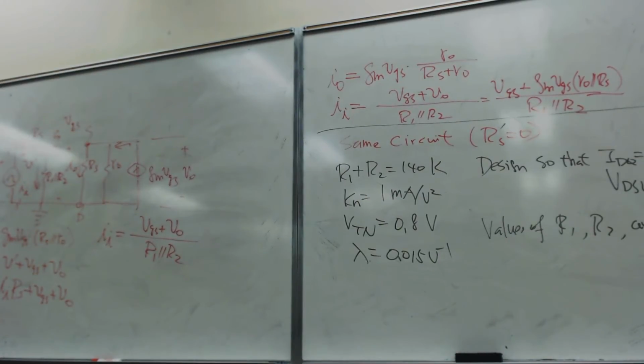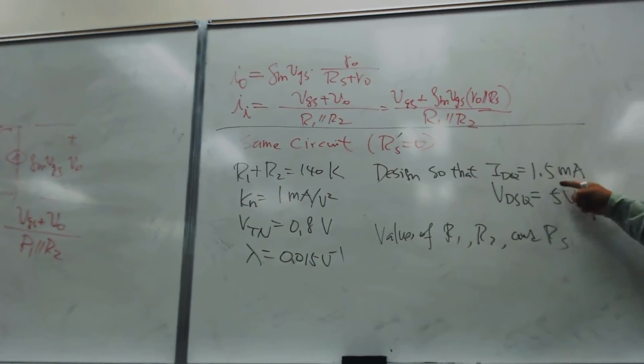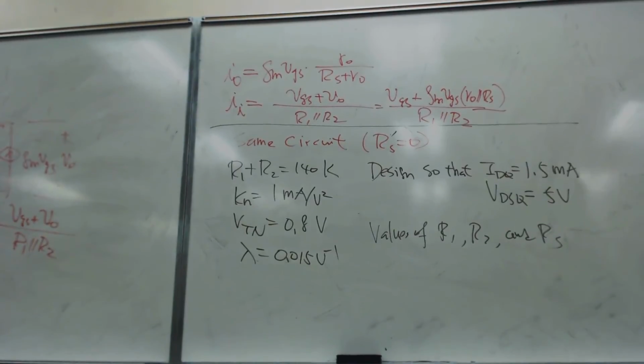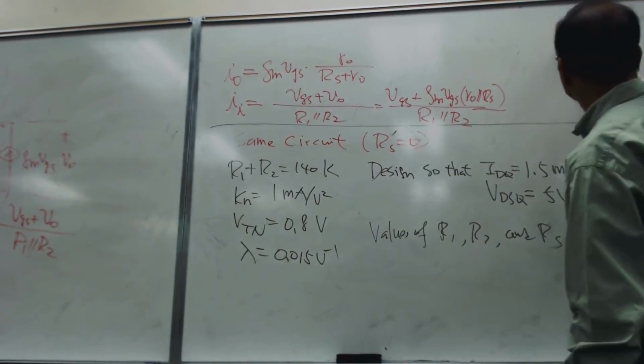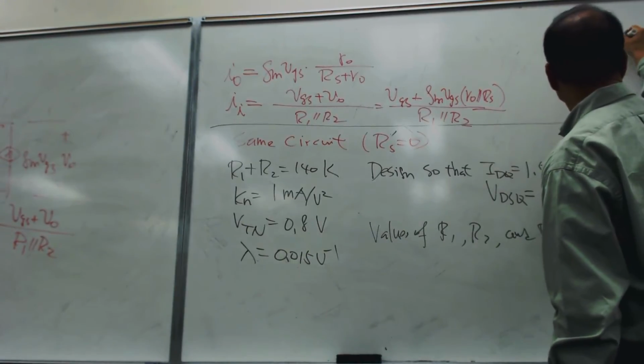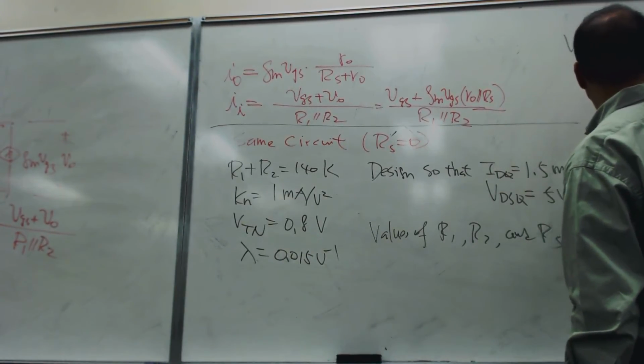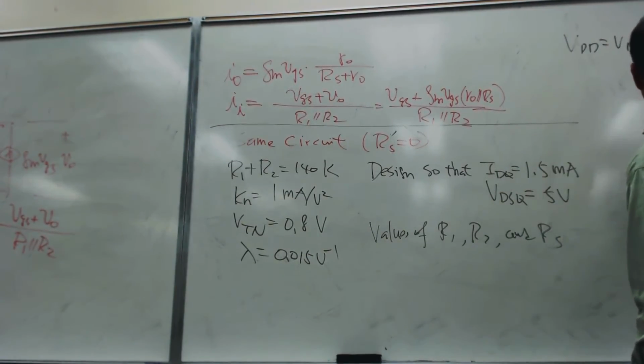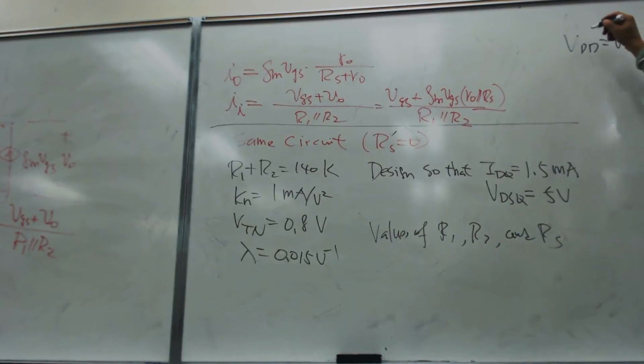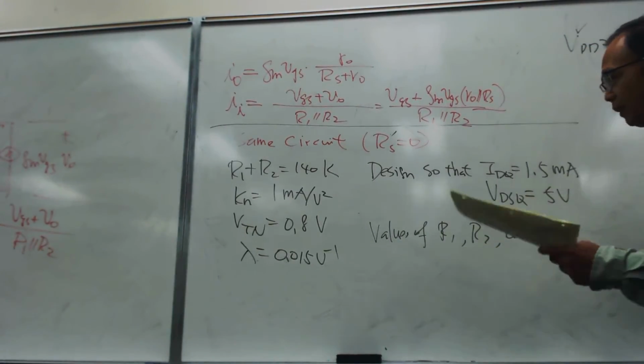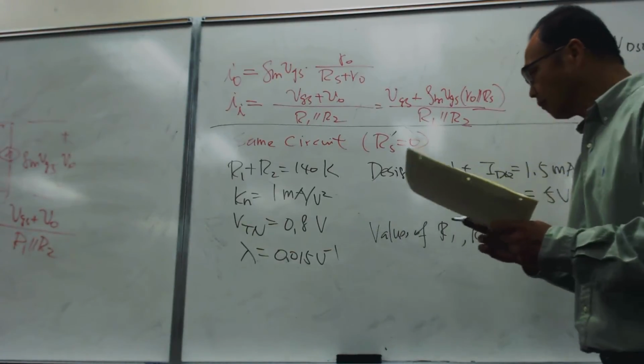Now you should know, because of that information, we should be able to find something. If you go to the output loop, VDD is equal to VDSQ plus IDQ R sub S. Very simple. This is known, correct? What's VDD? It must be known.